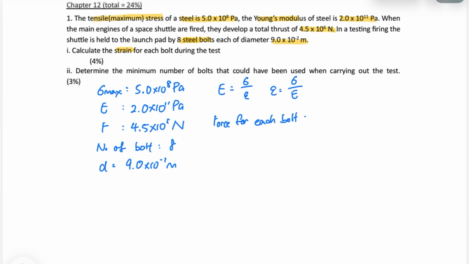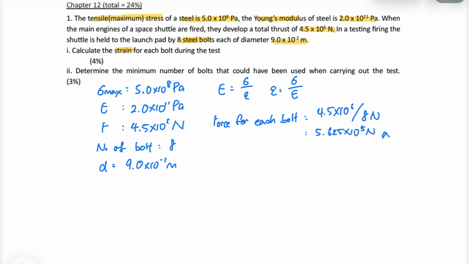It's going to be 4.5 times 10 to the power of 6 divided by 8, and we get 5.625 times 10 to the power of 5 Newton. This is the force for each bolt. How about the area?